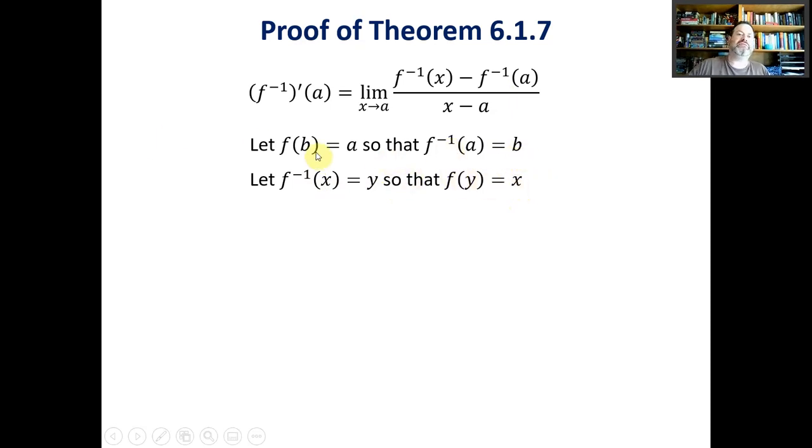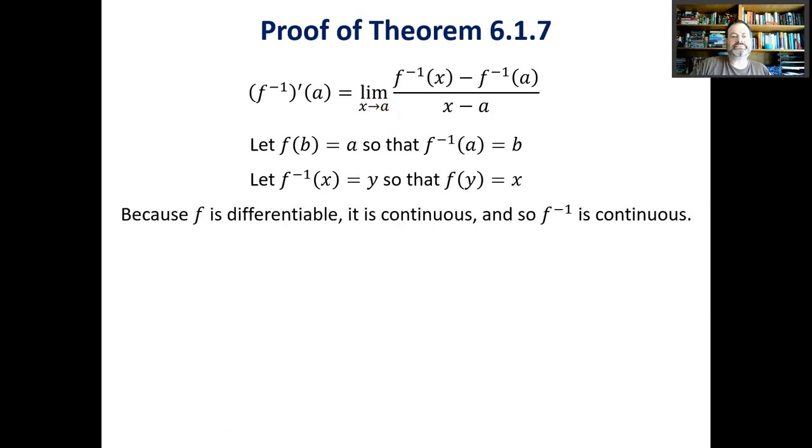So a and b are fixed. Those are numbers. x and y are variables. And that's the way this limit works: x gets closer to a. Because f is differentiable, it's continuous, so the inverse is continuous. We're using theorem 6.16 for that.